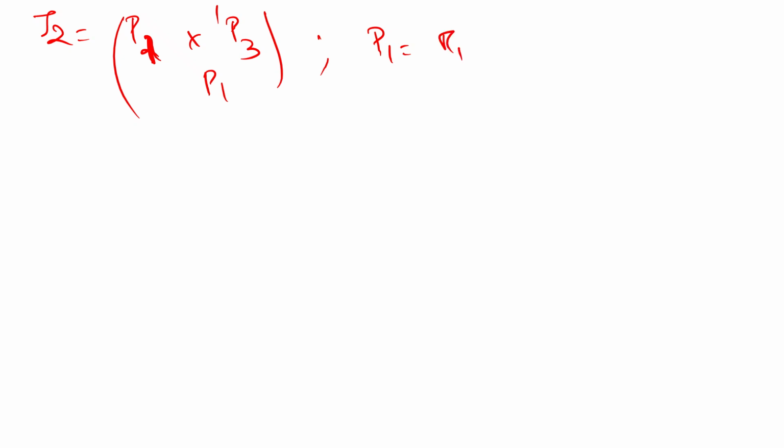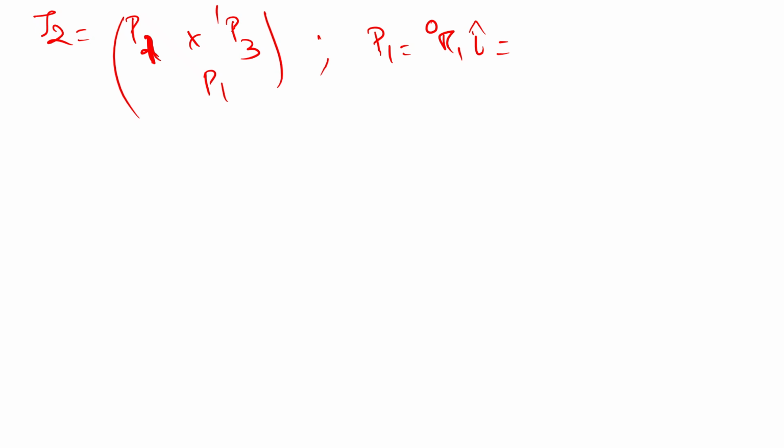So J2 is P1 cross P31, P1. So this is the formula. So let's find what is P1. P1 is R10 into i cap, I mean the unit vector. So what is R10? You have to check the first matrix T10 in that part.